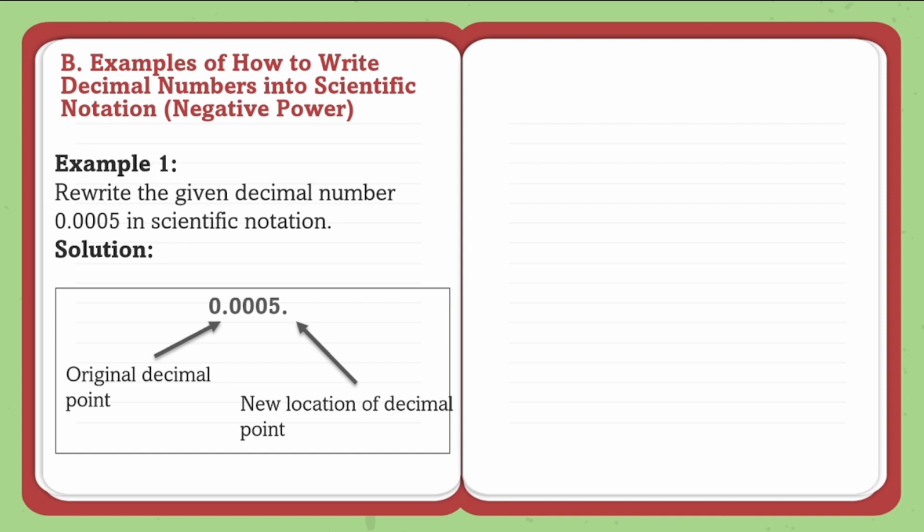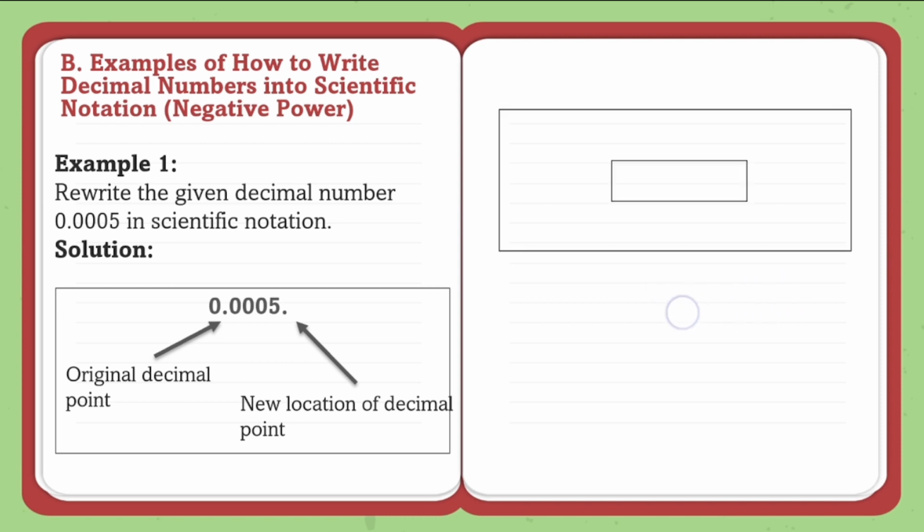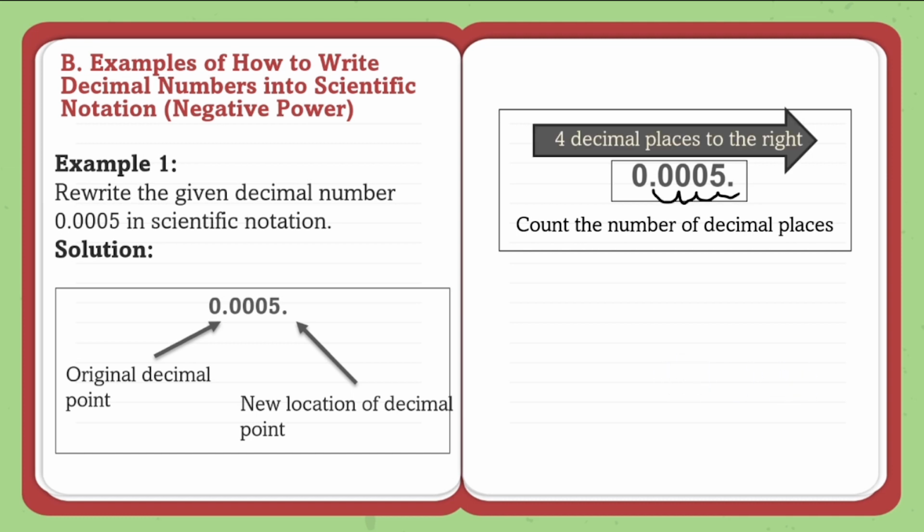Remember, when the decimal point moves towards the right, the count for the exponent of base 10 should be negative. We count the number of decimal places from left to right, and we have 4 decimal places. Moving the decimal point to the right should yield a negative exponent for base 10.